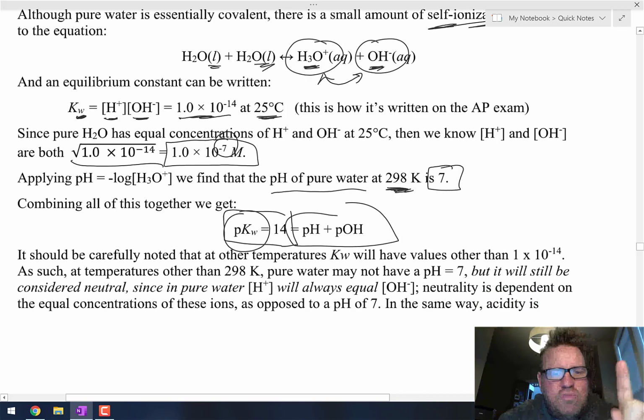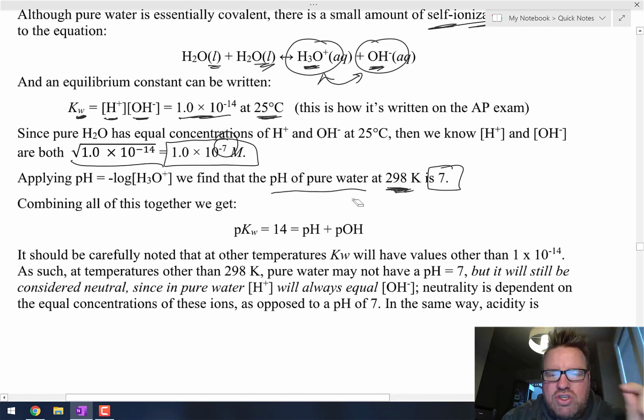Now, it should be carefully noted that if you're not at 298, Kw does not equal 1 times 10 to the minus 14th. Which means that if you're at a temperature other than 298, pure water is not going to have a pH of 7, because remember that pH is a measure of the hydrogen ion concentration.